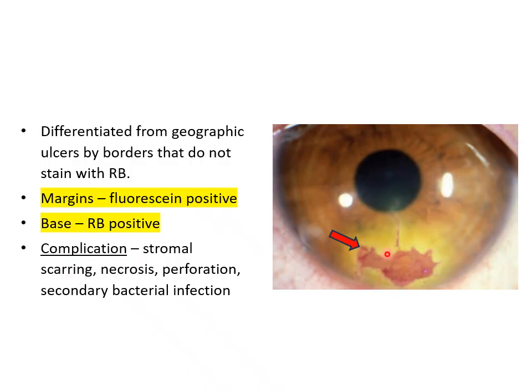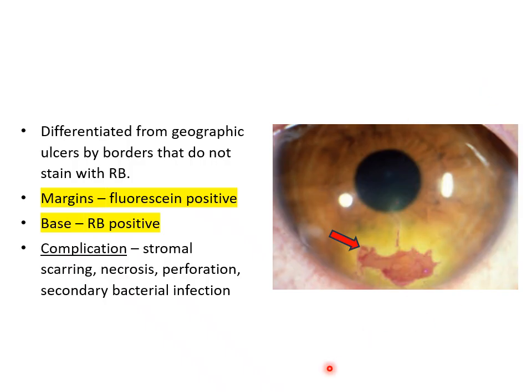Outside that margin of heaped epithelium, you will find that the fluorescein dye has leaked into the stroma and accumulated. Okay? So I hope you have understood the staining pattern, right? Why rose bengal is staining the base of a metaherpetic ulcer but not a geographic ulcer.